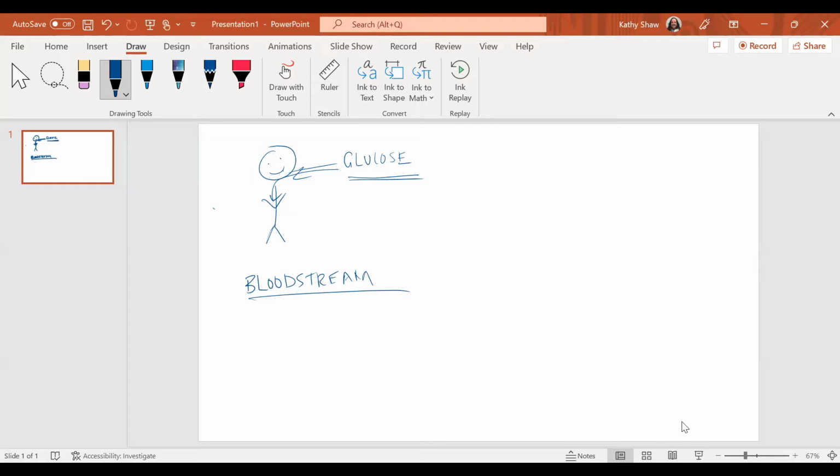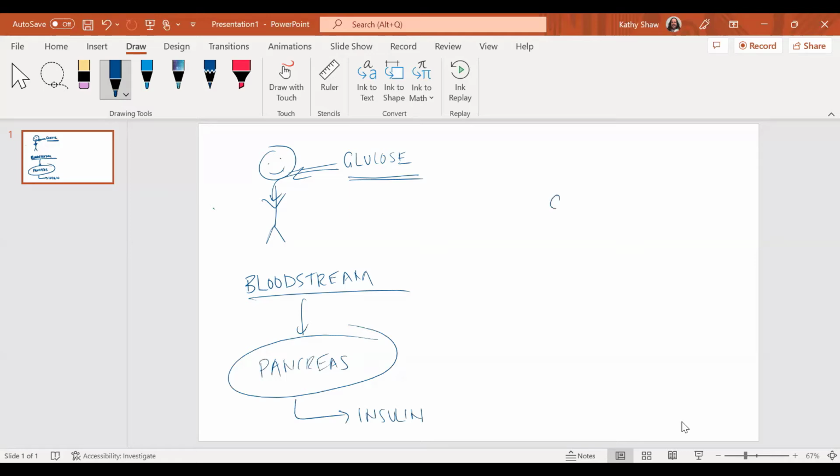So while that glucose is traveling through the bloodstream, the blood containing the glucose flows through the pancreas. That causes the pancreas to release the hormone called insulin. Insulin has a number of different purposes, one of which is to facilitate glucose getting into the cells.